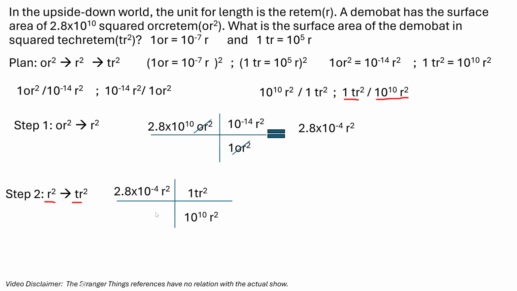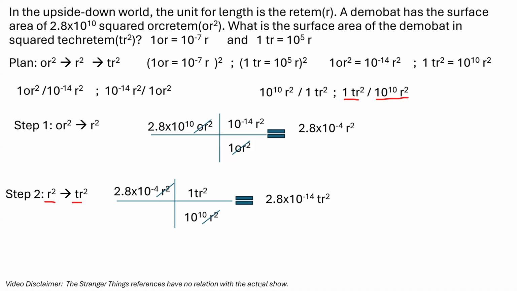And again, this is so that the rectum squared cancel out. Remember, when you divide, you subtract exponents, and we get the resulting power of 10 to the negative 14. So in 2.8 times 10 to the 10th squared orc rectum, there is 2.8 times 10 to the negative 14 squared tech rectum.